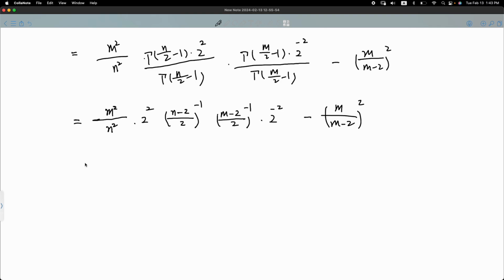Yeah. For the gamma function, should the denominator be just gamma n over 2? Which part? Which one? This one. And then in the denominator, should it just be like m over 2 instead of the minus 1? Yes, perfect. So this is before applying the formula. Yes, before applying the formula.